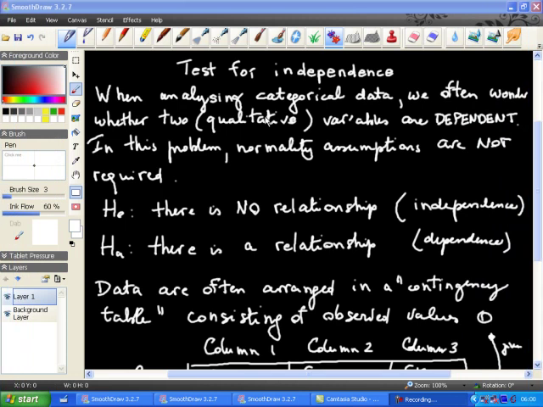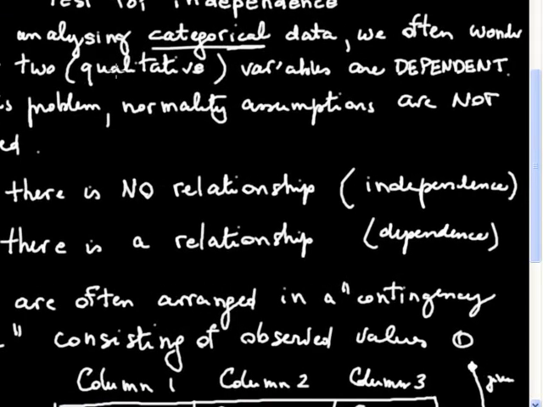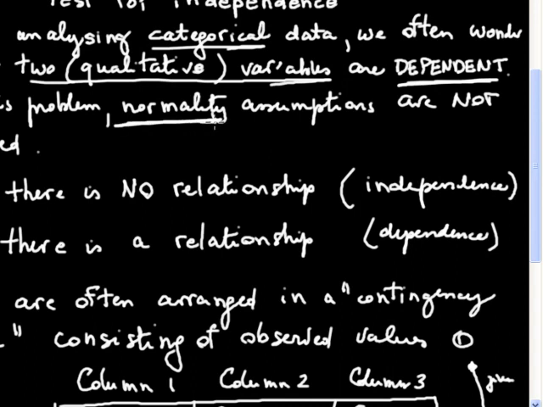A different use of the chi-square distribution is the test for independence, which happens when we analyze categorical data, and we often wonder whether the variables, which will be qualitative, are dependent or independent. The normality assumptions are not required for this problem.